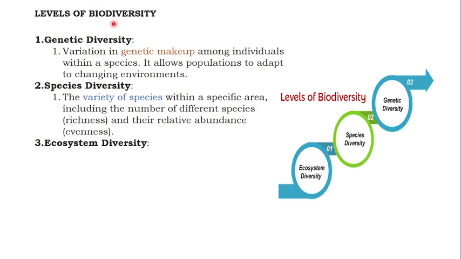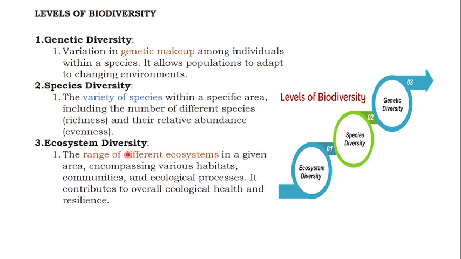Another level of biodiversity is called ecosystem diversity. Ecosystem diversity is talking about the range of different ecosystems in a given area, encompassing the various habitats, communities, and ecological processes.